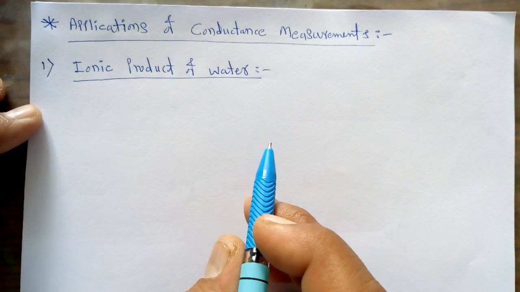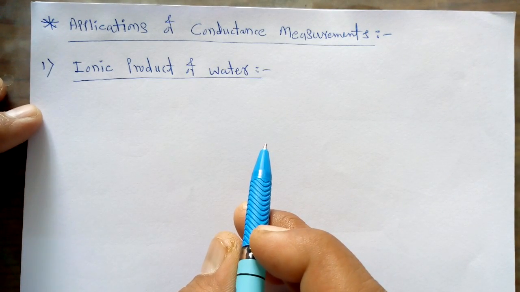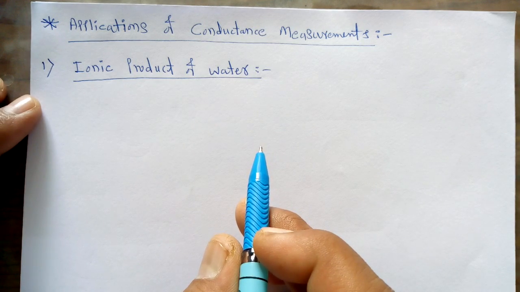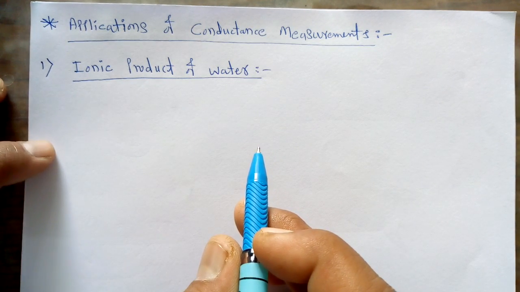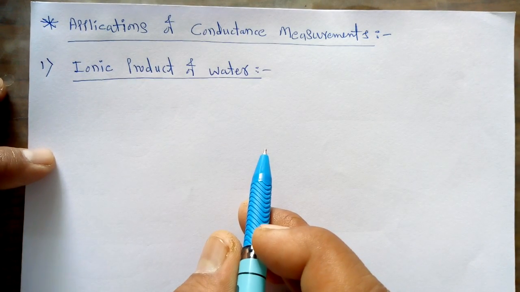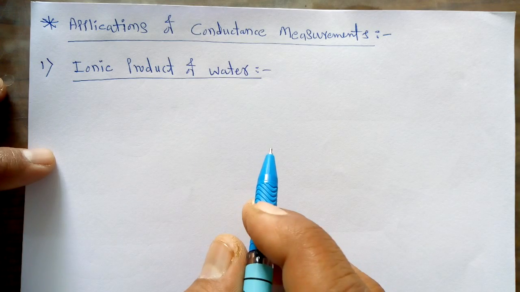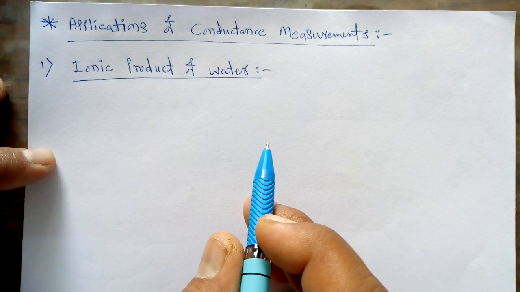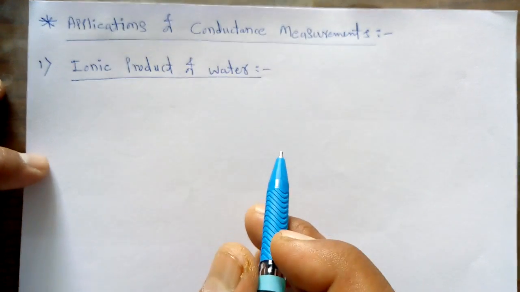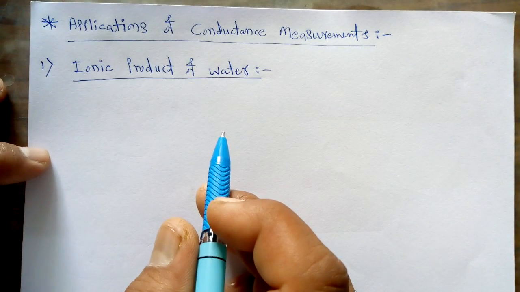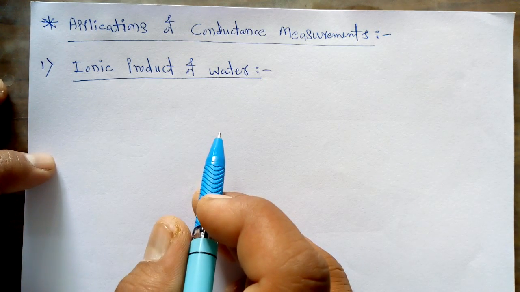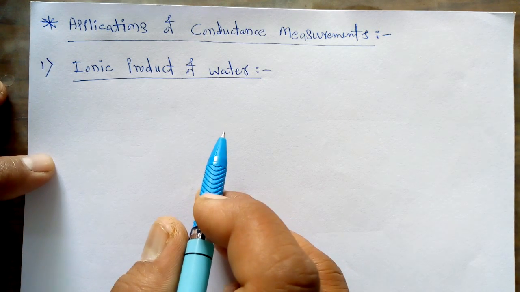We know very well that water is a universal solvent. It is present in the form of ions, as H plus and OH minus ions. Depending upon conductance measurements, it is clear that any pure water, even the purest water, has some conductance at different temperatures. And why is this so?